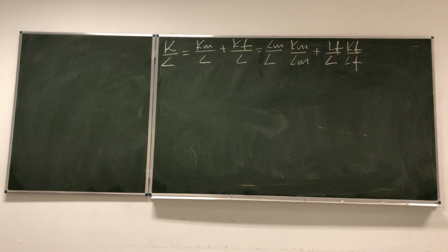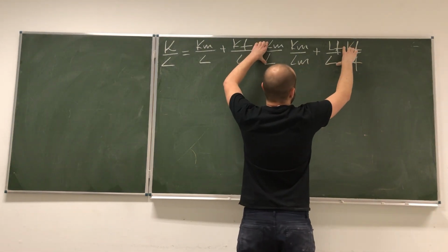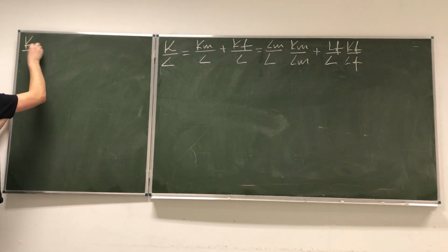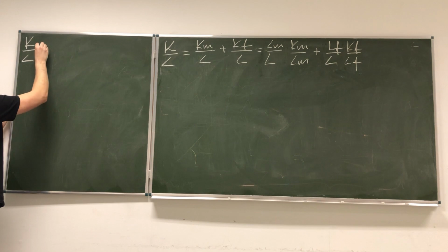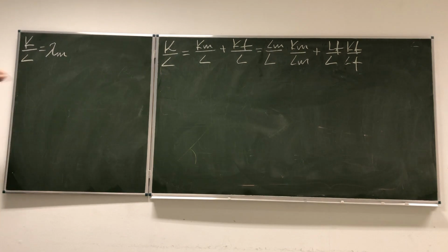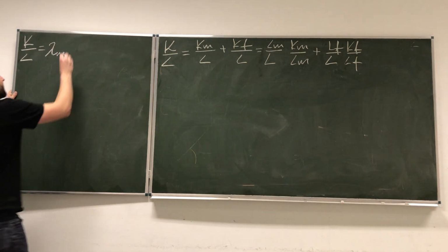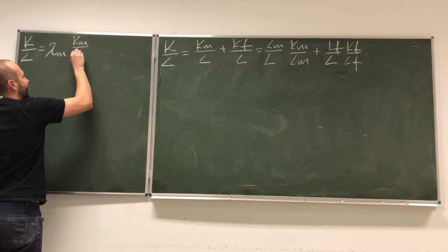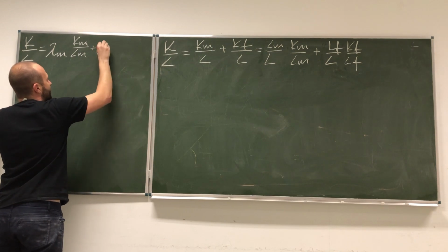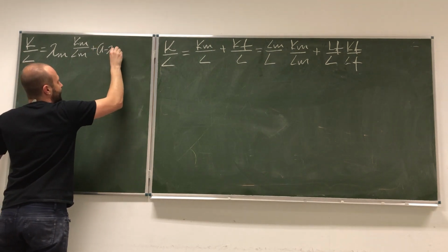Okay, and look, because those are shares, they have a very specific property, right? If I would add those two, they would end up to 1. So let me rewrite K over L a little bit differently as lambda m, the share of labor in manufacturing, times Km over Lm plus 1 minus lambda m times Kf over Lf, right?